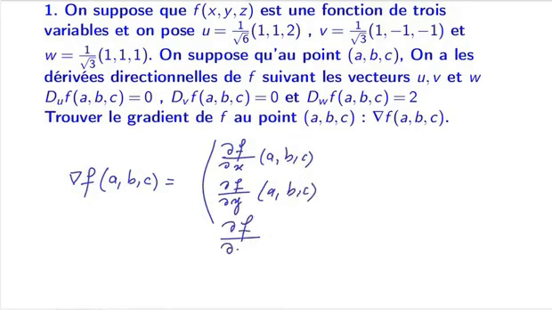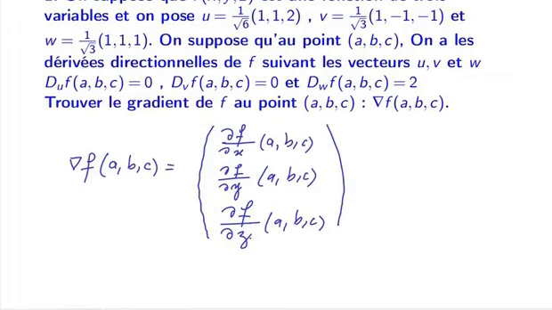So we are looking to calculate this gradient. And since the problem gives us the directional derivatives in the direction of 3 unit vectors, we will try to calculate the partial derivatives from the directional derivatives.